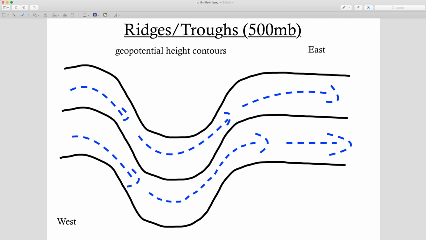Cool. Now I want to spend some time on the meridional ones because those are the more interesting ones. Now we did the winds at 500 millibars. In blue are going to be the 500 millibar winds.